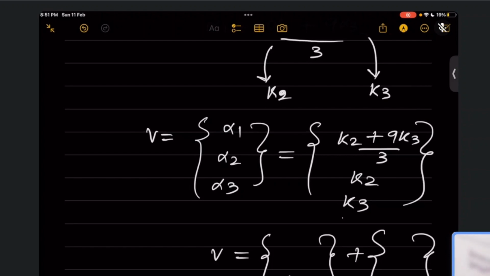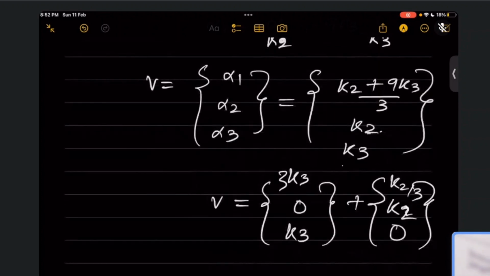One part you make all k2, one part you make all k3. Now k2 is there, so I'll put 0 here and k2 here. And what will be this? K3 by 9, k3 by 3, that will be 3k3, and it will be K2 by 3. Correct? So this whole is on k3. Adding these two, we get the original again. That is why I broke them.